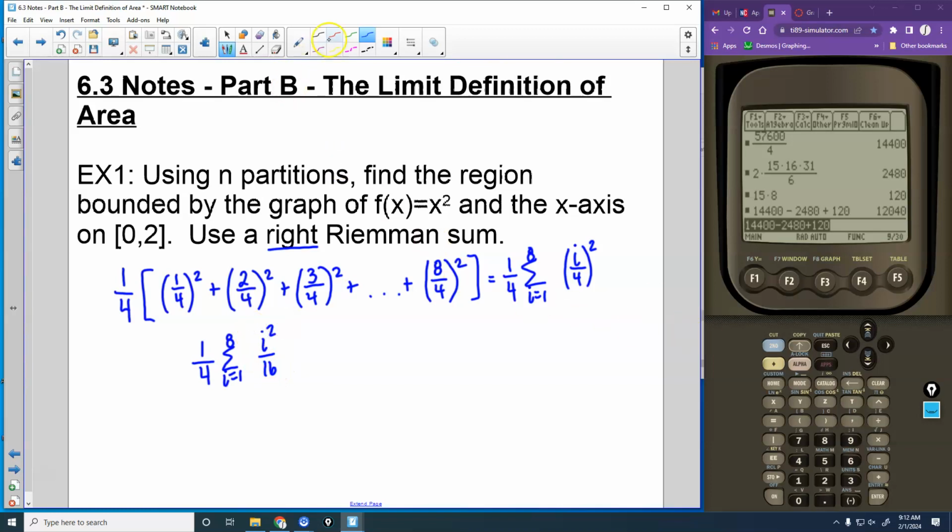And then that 16 is really kind of in the way right there. So I could pull it out here with the 4 and multiply those together, which is going to give me, is that 64? Yes. It's going to give me 64 times the sum from 1 to 8 of just i squared.